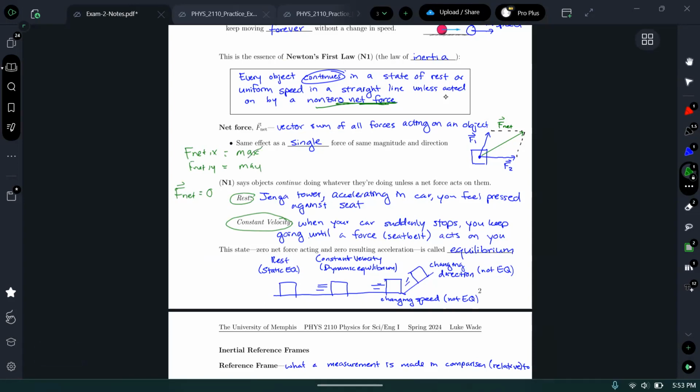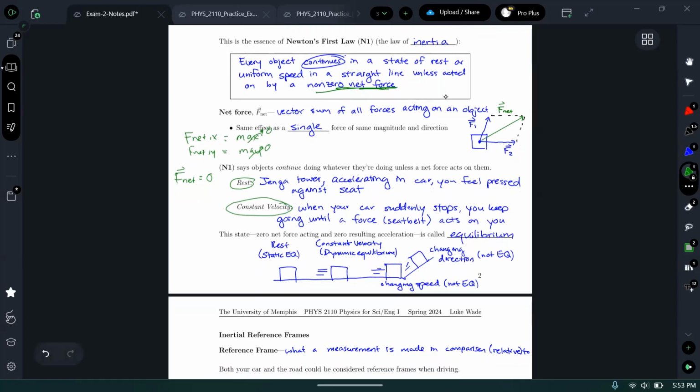If you see something's at rest, you can say the accelerations are zero. But if you see something is moving at constant velocity, you can still say that. The only case in which something does not have zero acceleration is when it is speeding up, slowing down, or changing direction. So constant velocity is just forgotten a lot of the time.